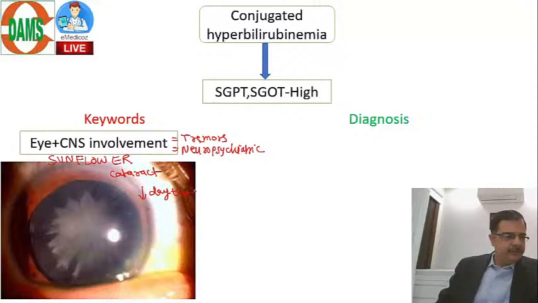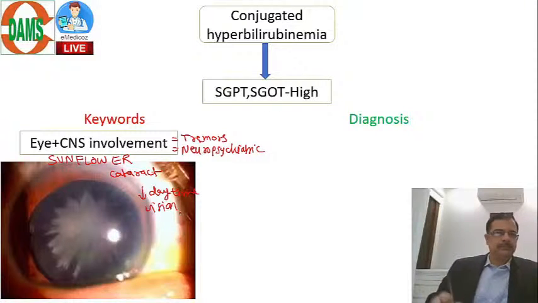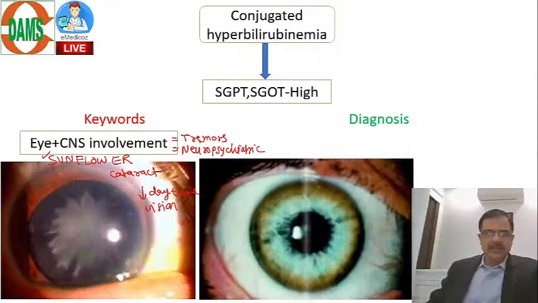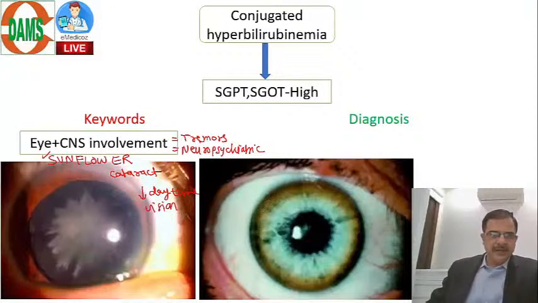So this is sunflower cataract, not the classical KF ring. The classical KF ring is a brown to green colored ring at the periphery of the cornea.